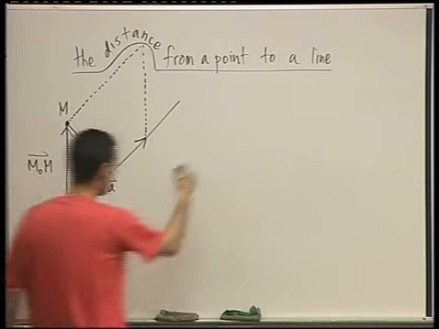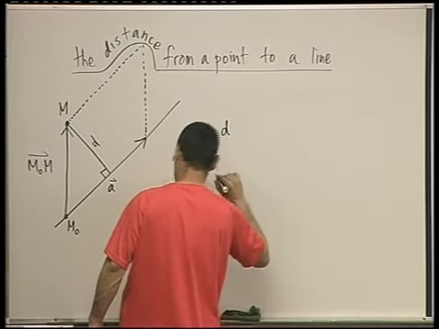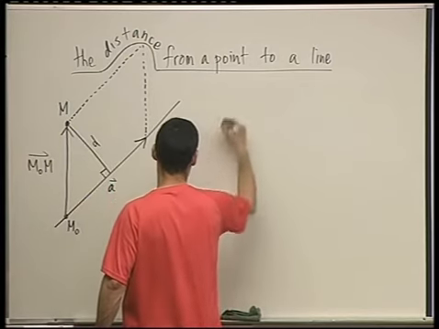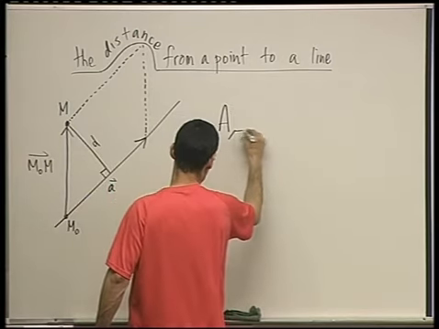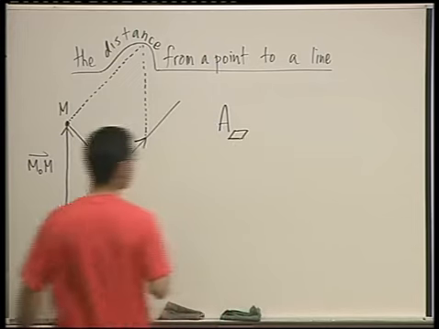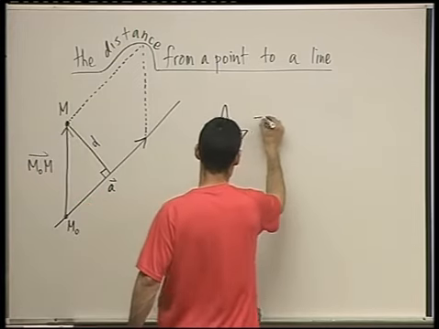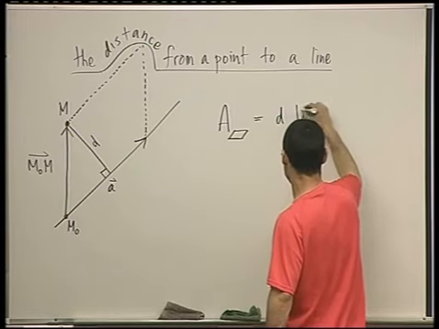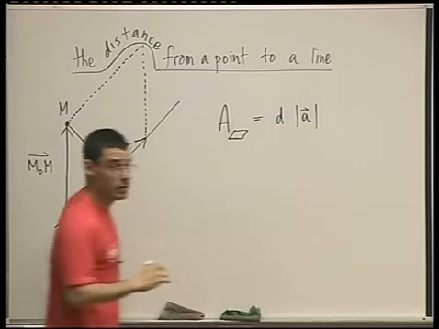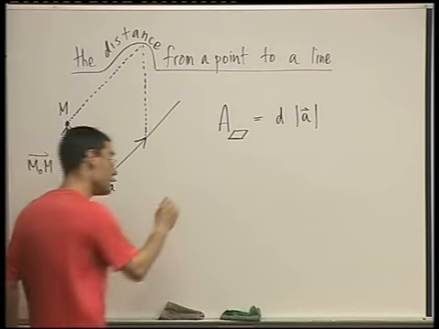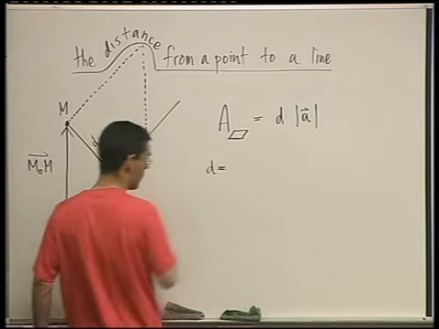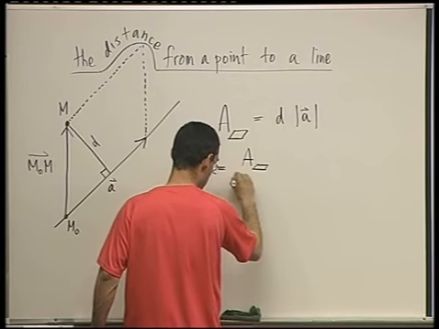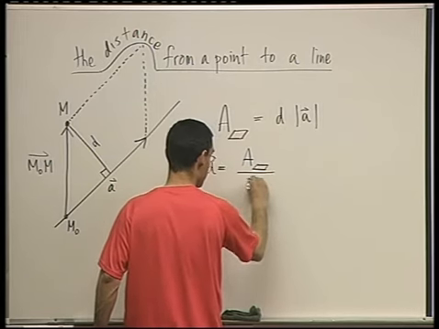So do you agree first that the area of the parallelogram equals D, the height, times the length of A? Do you agree to this? So do you agree that D, which is what we're looking for, is the area of the parallelogram divided by the length of A?